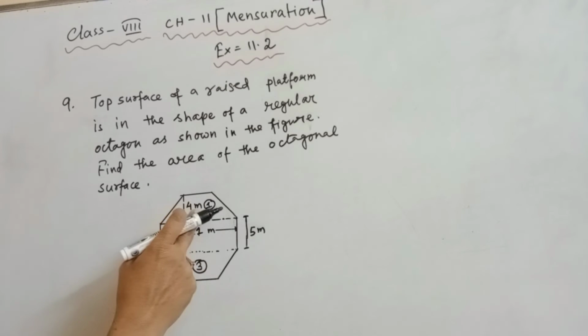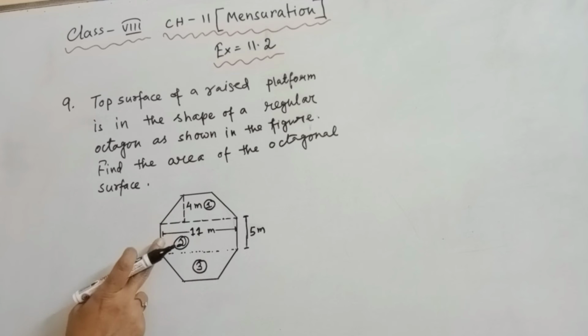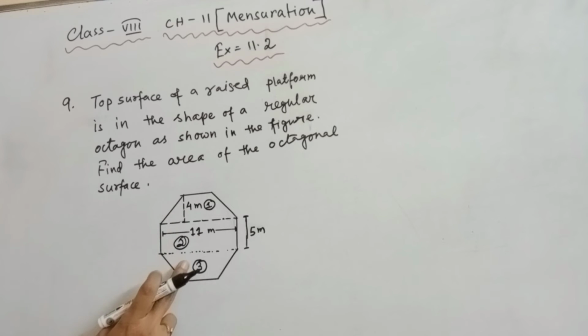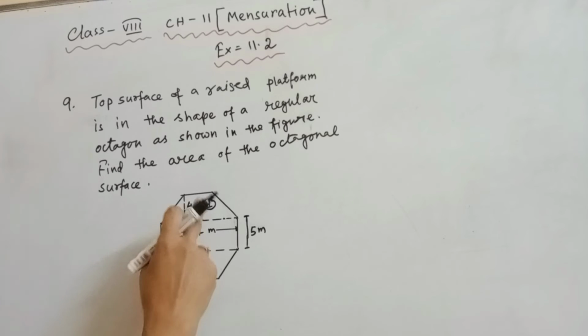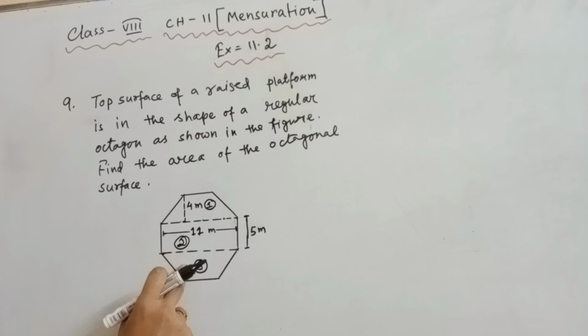So the first part will be a trapezium, the second part will be a rectangle, and the third part will be a trapezium again. Now to find the area of the two trapezium whose measurements are the same, we can find the area of the two trapezium.